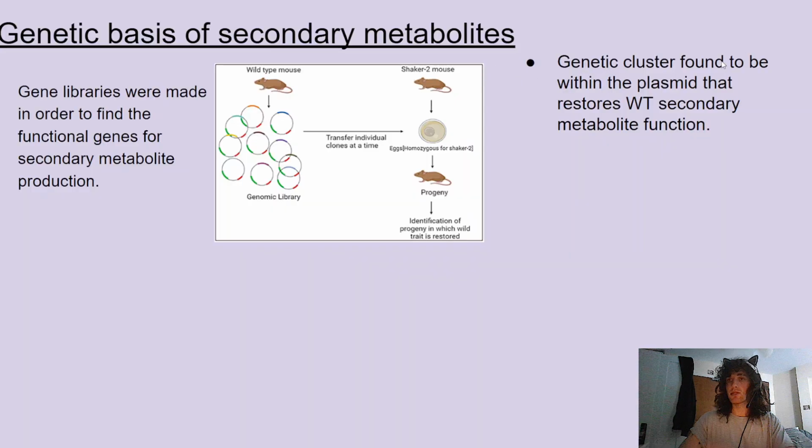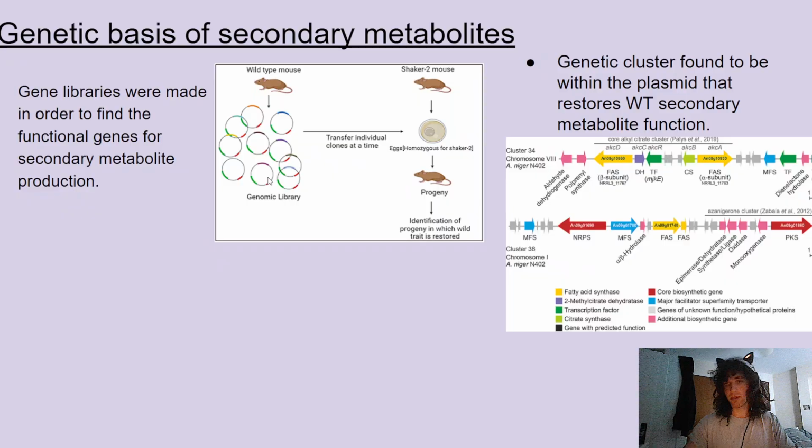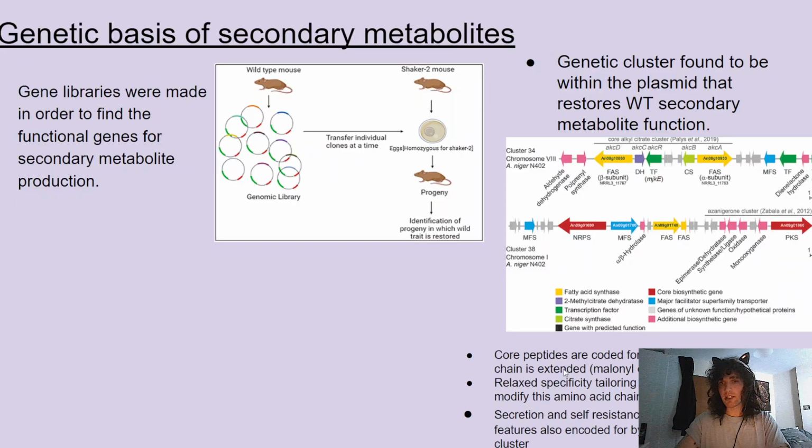These genetic clusters were found to be within the plasmid that restored wild type secondary metabolite function. This is a pretty tedious process, but it helps. And then from this process, we were able to find clusters like this, which actually encode for secondary metabolite structure. And it looks very complex, but you don't really need to know everything on this. The main aspects are core peptides are coded for, and the chain is extended.